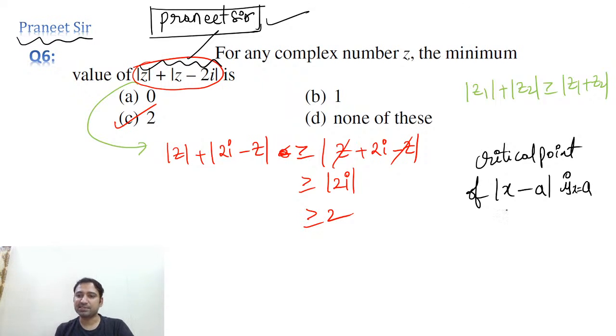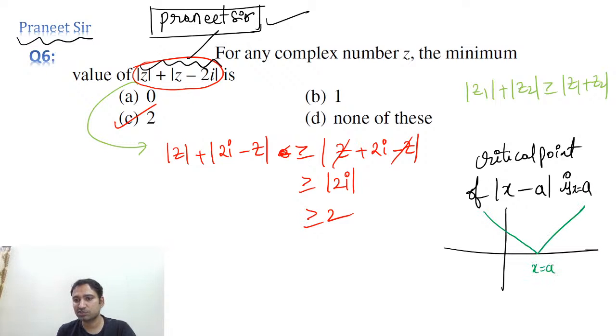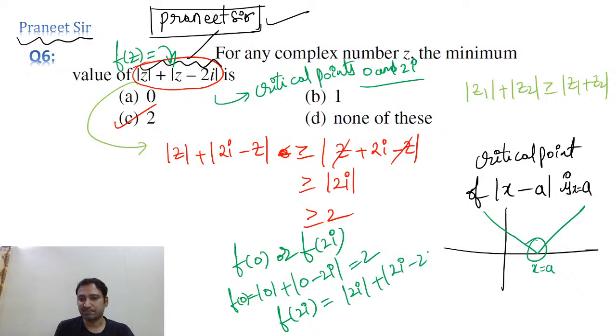Right. So, critical point. The graph of mod x minus a will be like this. Here x equals a. At this particular point, it is non-differentiable, so we can say it is a critical point, and critical points will have the minimum value. So the critical points for this function in terms of z are 0, 2i and minus 2i.